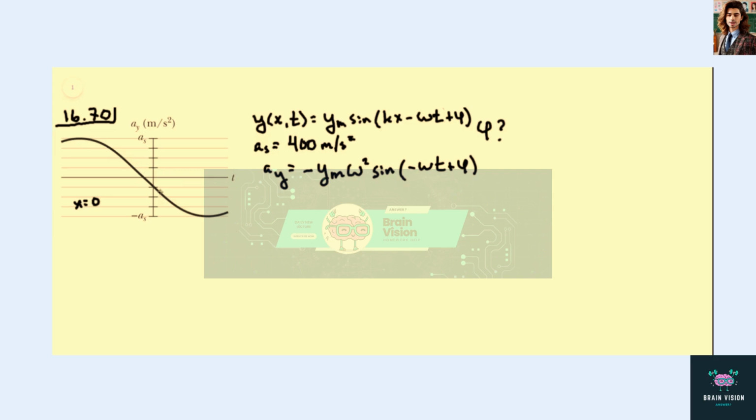So now at time 0, this is negative. The slope is negative. I mean, it's also negative, but the slope is what we care about here, which implies if we set t equal to 0 here, that negative sine of phi is less than 0. Oh, I'm sorry.